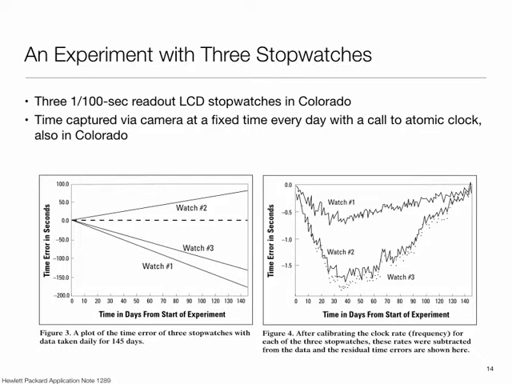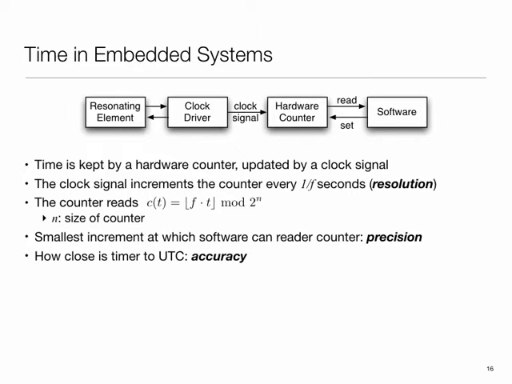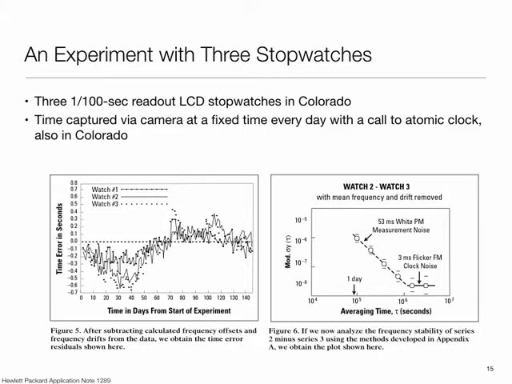And one thing you see is that the frequency drift itself is not constant. It's not as if the drift was happening because of a constant frequency error, but rather the frequencies of the different watches were varying over time, and therefore you have a more complicated behavior. So we can examine these kinds of instabilities in various statistical ways.